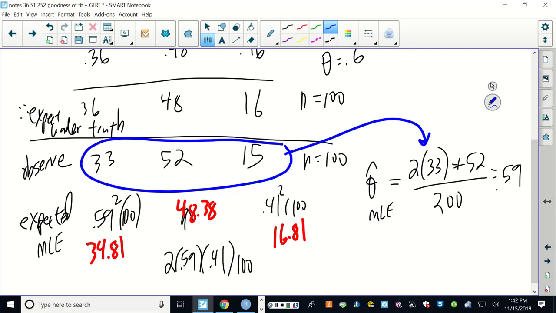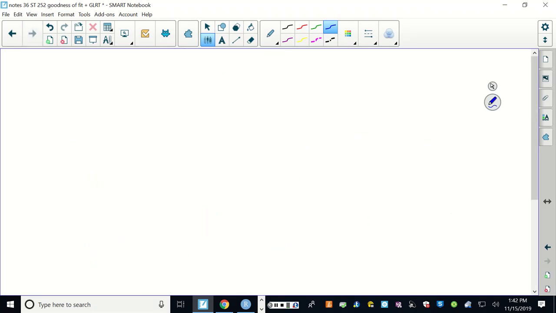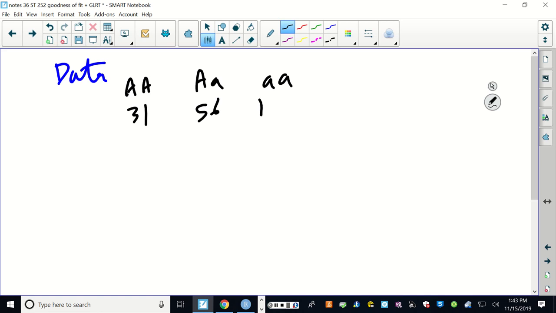What if the data were a little bit different? Let's say instead of that, we had some different data. And so the AA version, if that had been 31 and 56 and 13, this still leads to theta hat being 0.59.